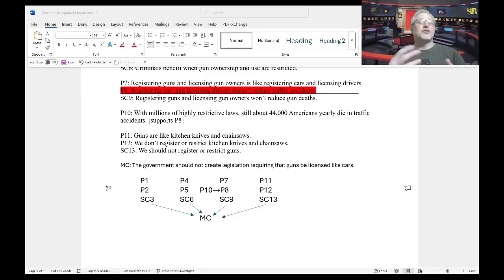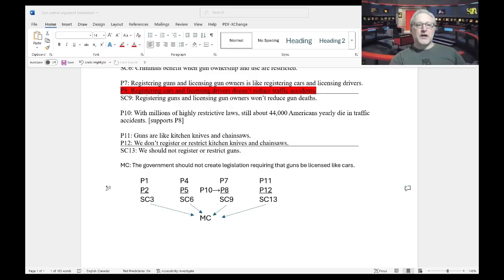There's always going to be some number. The laws can't reduce it to zero. So given the fact that there are a number of car accidents, or even a large number of car accidents, we can't infer from that registering cars and licensing drivers doesn't work. As far as we know, if we didn't register cars and license drivers, it would be 440,000 people dying in America each year in traffic accidents, right?